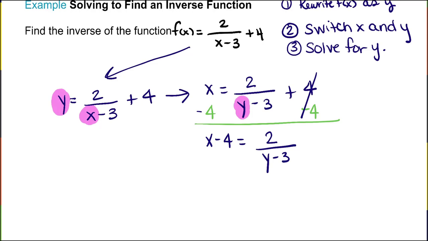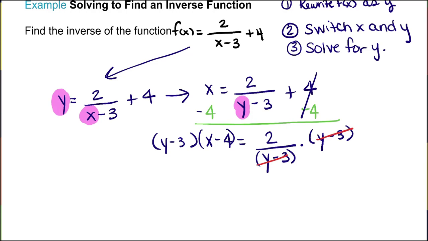Those 4's cancel. Now my problem is that my y is in the denominator, so to move it to the numerator, I'm going to multiply both sides by that denominator, just to get rid of that fraction. What you do to one side, you have to do to the other. So I'm multiplying both sides by y minus 3.